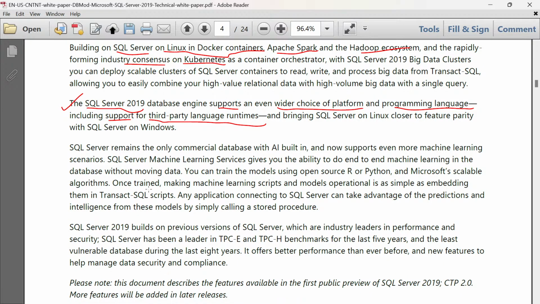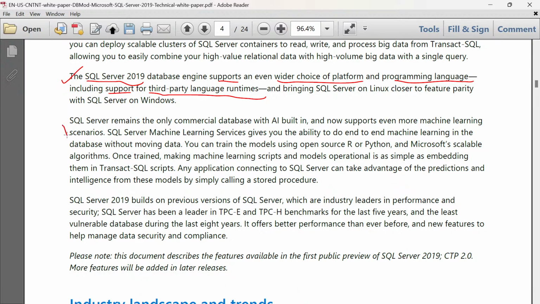Next, the next paragraph says: SQL Server remains the only commercial database with AI built in. This AI feature is somehow called the intelligence features provided by the various languages.